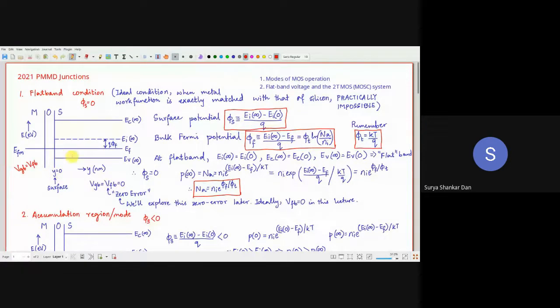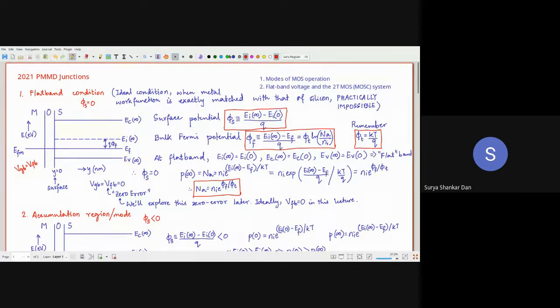From there the y-axis begins, going more and more deeper inside the substrate. Now at y equal to infinity, that means far away from the surface, deep inside the bulk, and this is y equal to 0. So this is your bulk.